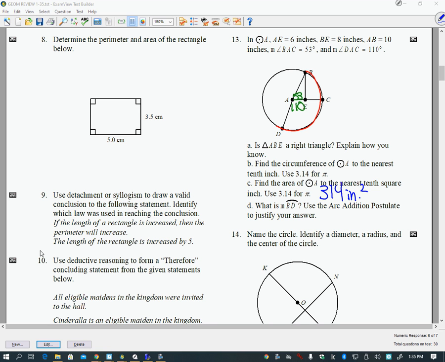ACD, AE. Okay, look, BD. We need an angle that happens in the middle of that circle that has endpoints B and D. Say it again.